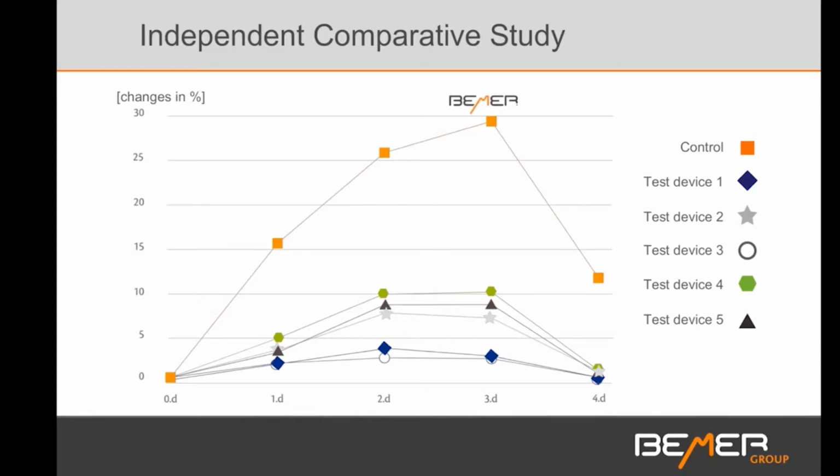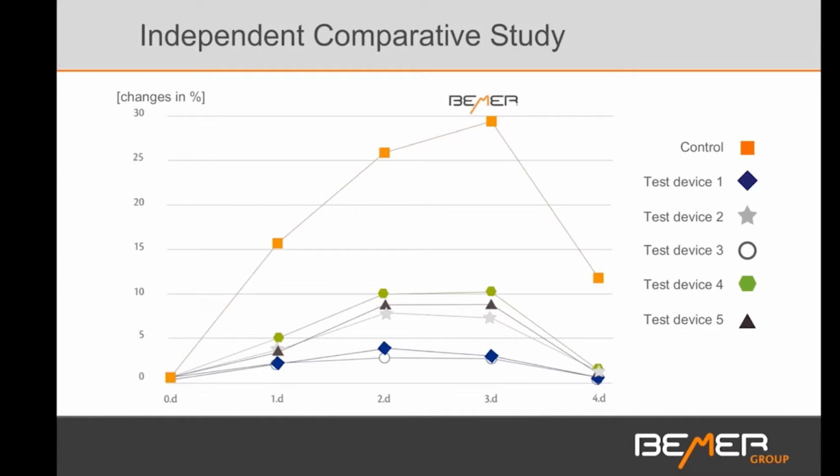And you can clearly see here that on the 4th day, the other devices were basically back to 0. There is no residual effect. The BEMER effect, however, is clearly visible that we have a higher percentage change still possible than what was a competitor able to affect on their peak performance day. You can see it. All the parameters, all 4 parameters that are measurable, are showing, reflecting similar graphs.